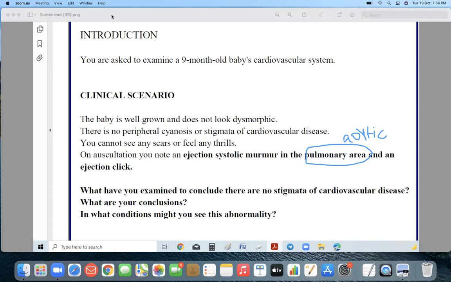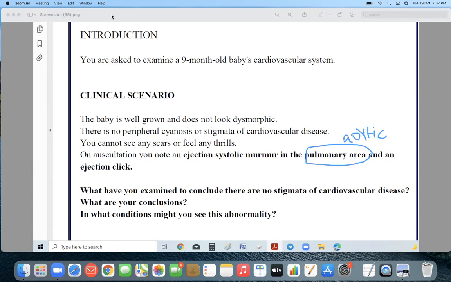there can be a thrill. Where will the aortic thrill be? The right upper sternal edge.